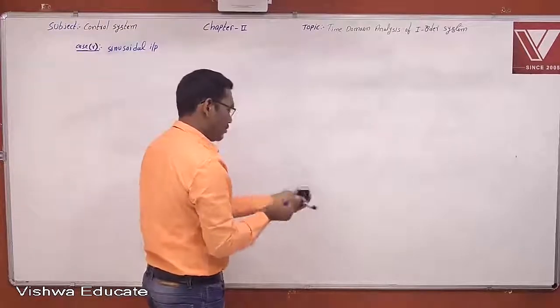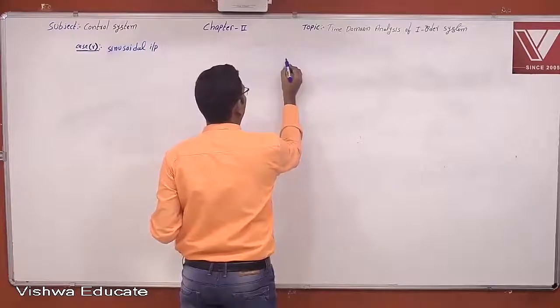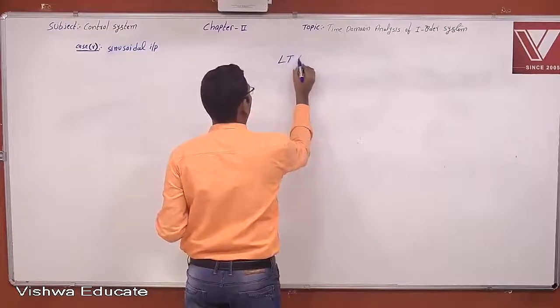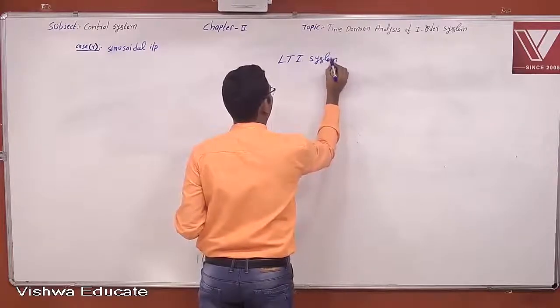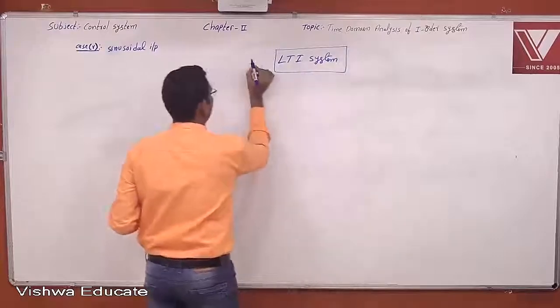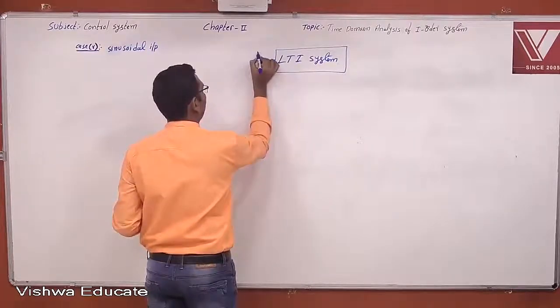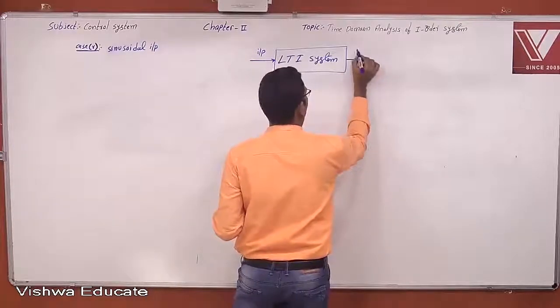Now, our control system, which is a combination of RLC circuit, is called a linear time invariant system, right? For this linear time invariant system, this is the input and this is the output.